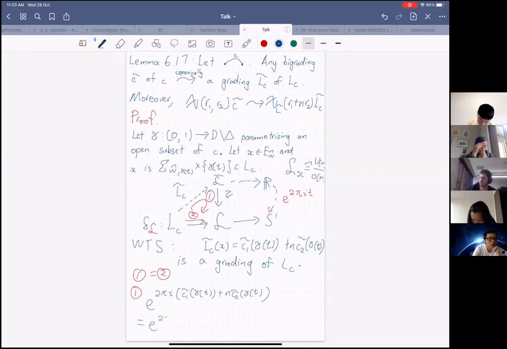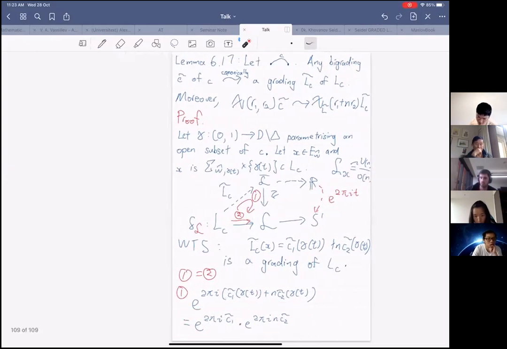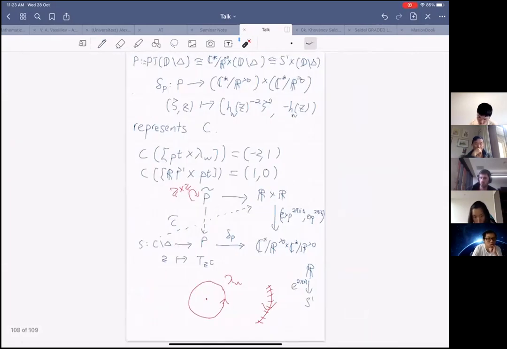So we can rewrite this as 2 pi i C1 and C2. And just now we showed that this number, in the previous setup in the low dimensional topology, commutes with this, because this commutes with this.